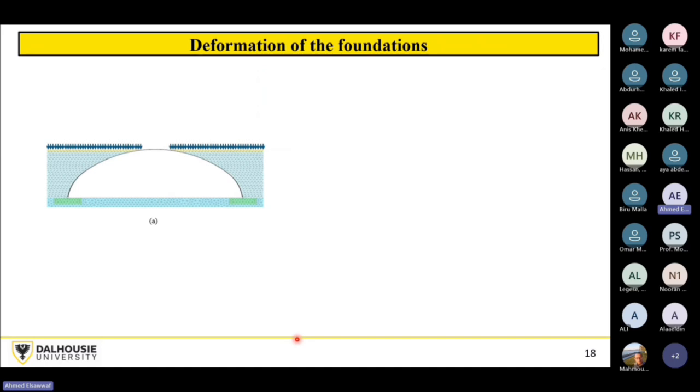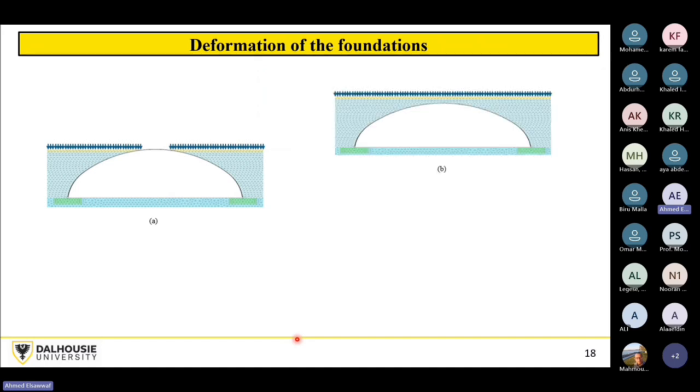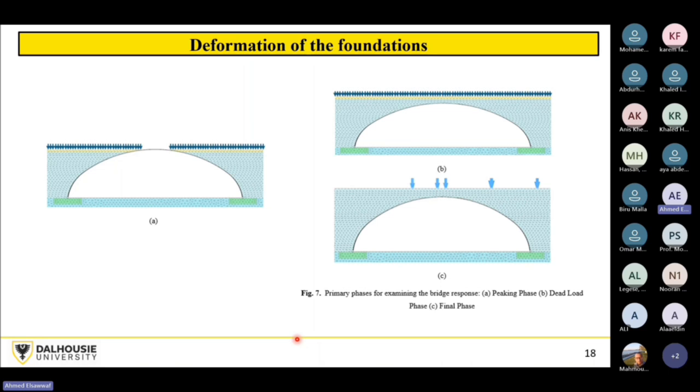Okay, so going into the results, before presenting them, I would like to show you the governing phases during the construction, these two. This one is called the peaking phase, and it's called peaking because, as I told you, the crown is peaking upwards during the construction and compacting of the backfill.